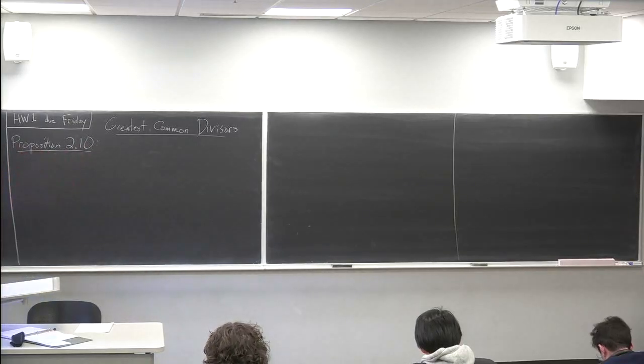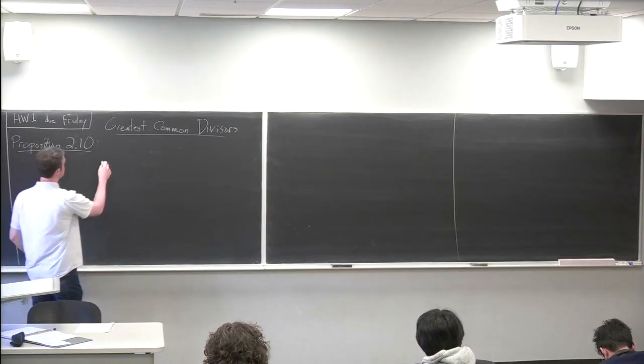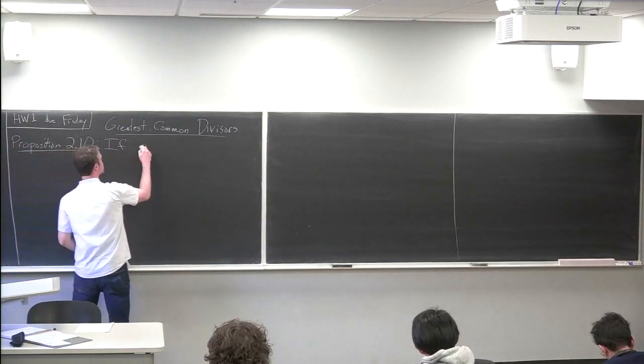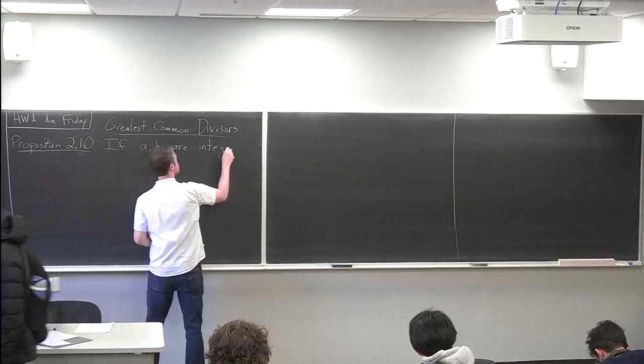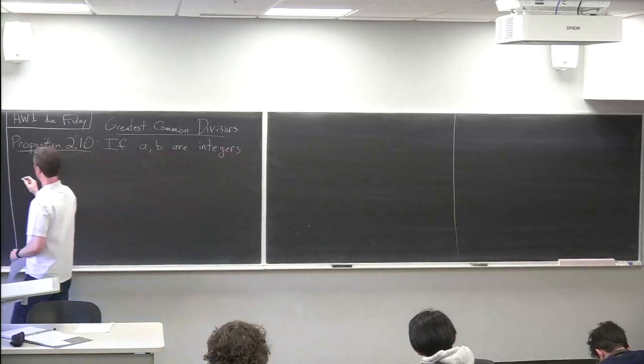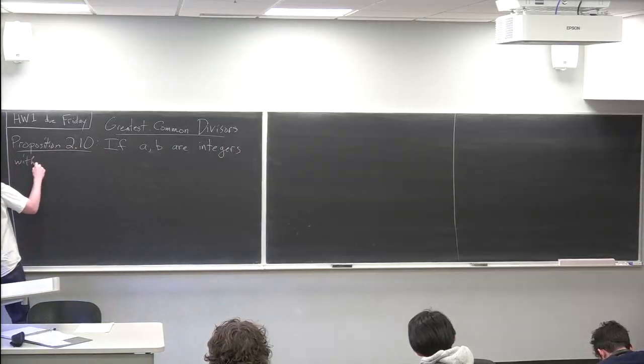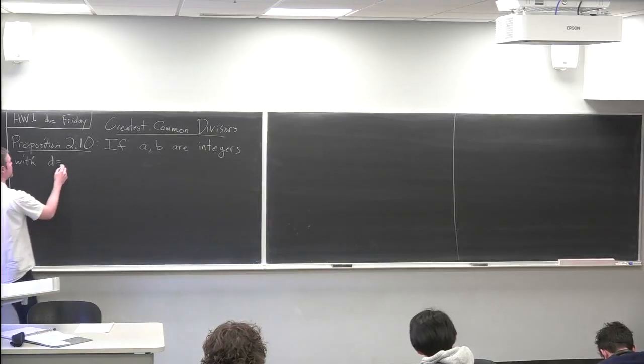So this is the reference in the book. It's the following proposition. If you have two integers, let's say a and b, with a certain GCD, we don't know what it is, it could be anything, but we're going to call it d right here in this statement.